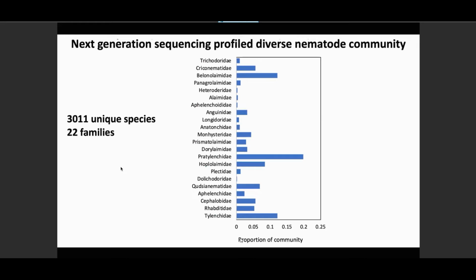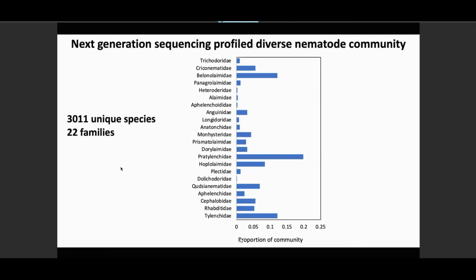So to reduce this limitation, we have developed a new method based on next generation sequencing. For this method, we have optimized the protocol for the MiSeq Illumina platform, which is an instrument we use for sequencing. We have designed some novel primers which can target only the nematodes out of the many different microbes in the soil.